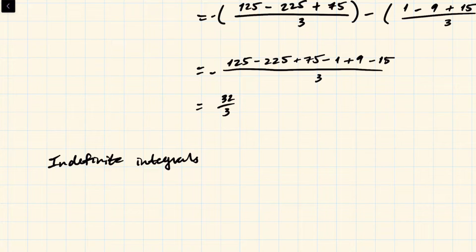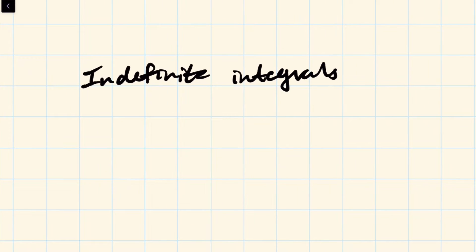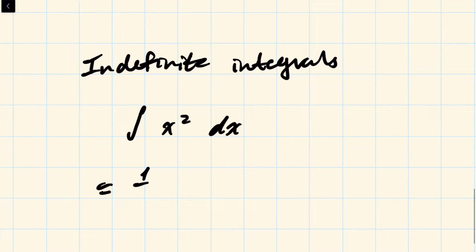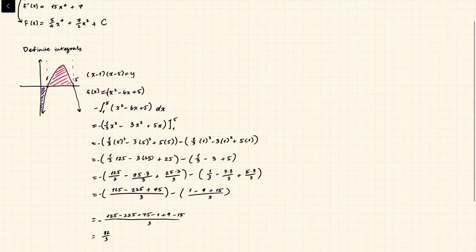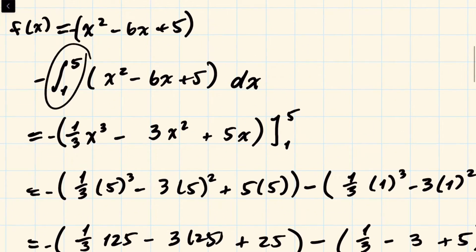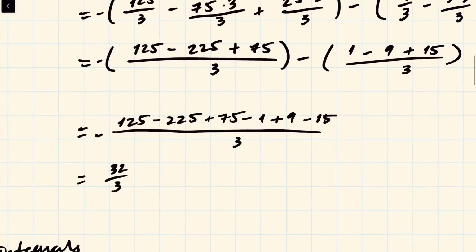Like if you had the indefinite integral of x squared dx, you can compute that right off the bat. It's 1/3 of x cubed plus c. So when you take the indefinite integral, you are getting a function back. And when you take a definite integral with the numbers on the sides, like this here, you're going to get just a number back, and that number is going to represent the area.